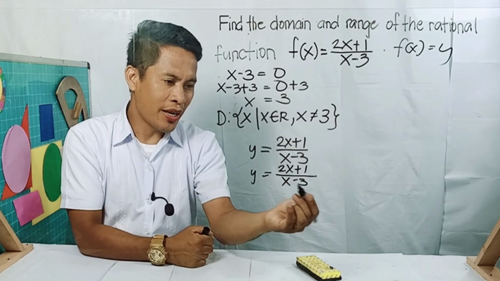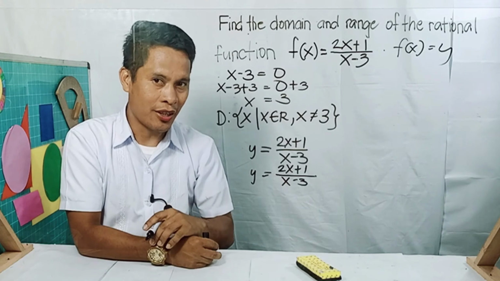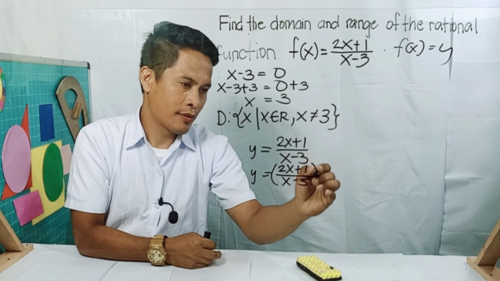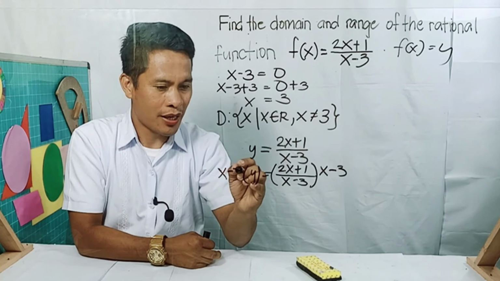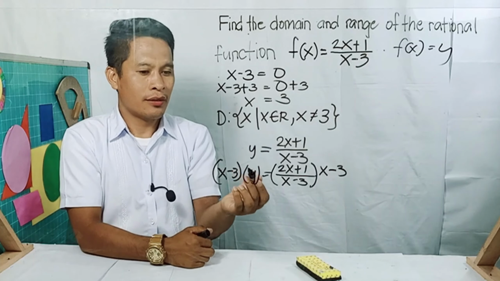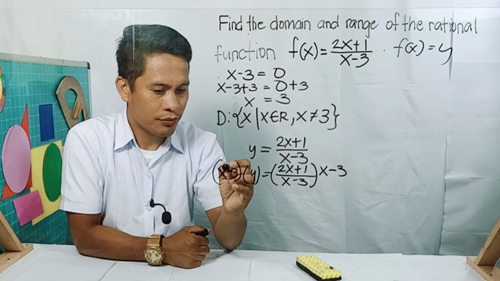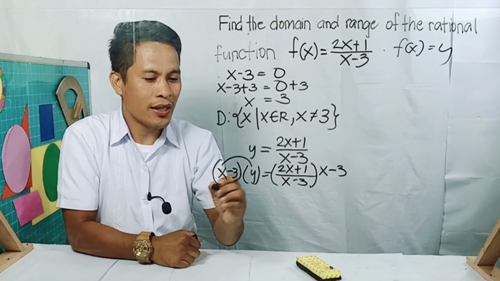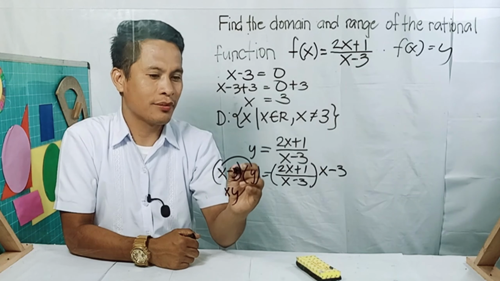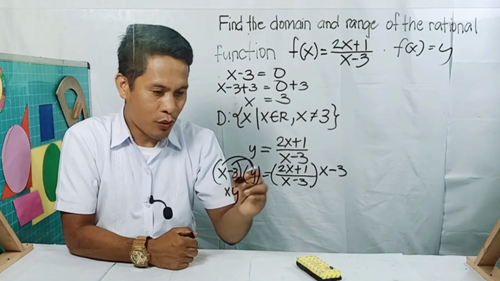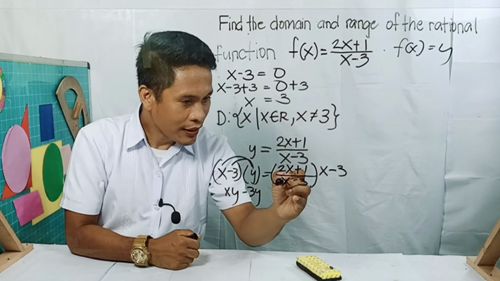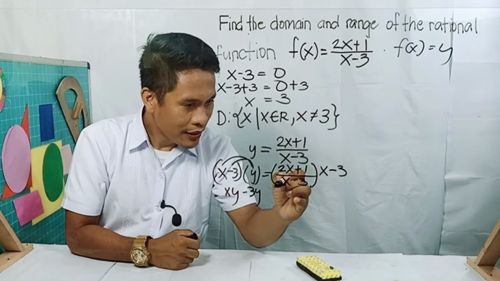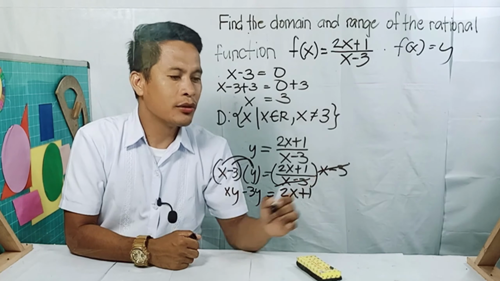Multiply both sides by x minus 3 to eliminate the denominator. Apply distributive law. x times y is xy. Then, negative 3 times y is negative 3y. Cancel out the common factor, and bring down 2x plus 1.